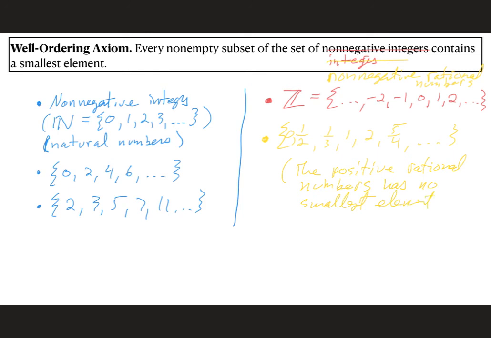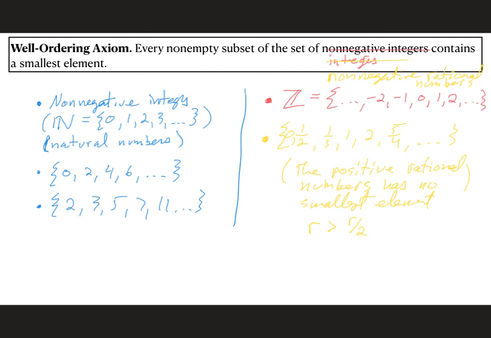As an example, if you give me some positive rational number r, then I'll say, well, that's bigger than r divided by 2, right? I can divide by 2 and still get a positive rational number if r is a positive rational number. And then if you think maybe r over 2 is the smallest, then I'll divide that by 2, and I'll get r over 4, right? Okay, so that's the idea.